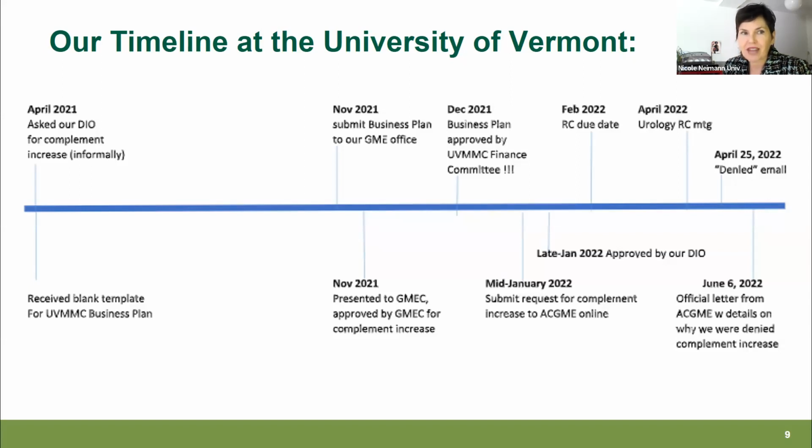Now, I should tell you, we are a small program. We had already in 2019 requested a temporary complement increase. We took on two residents from Saudi Arabia who were training at McGill in Montreal, Canada. And there was a whole political impasse between Saudi and Canada.